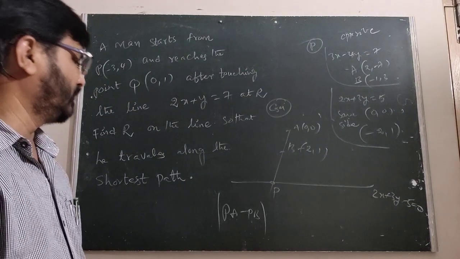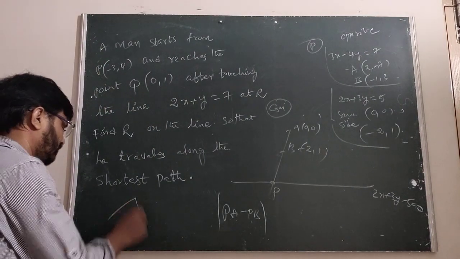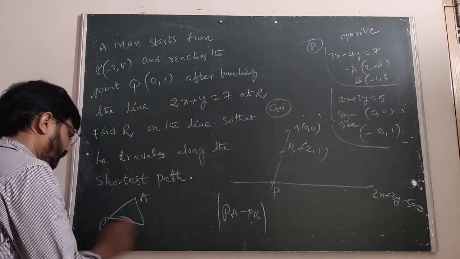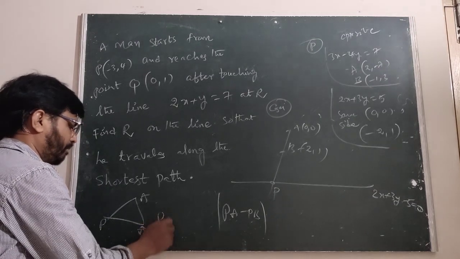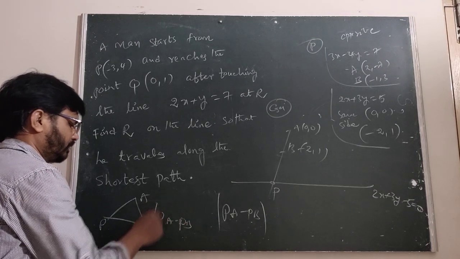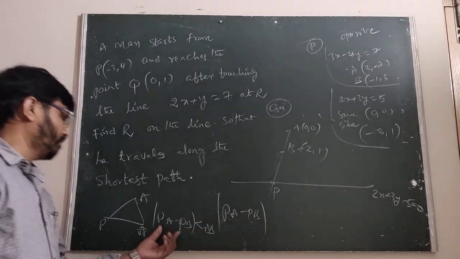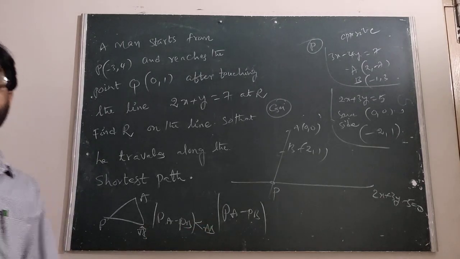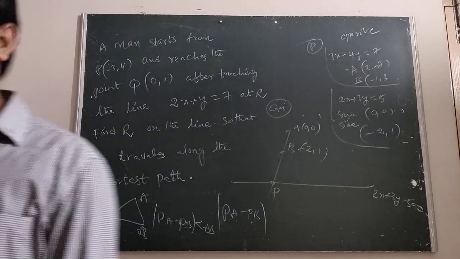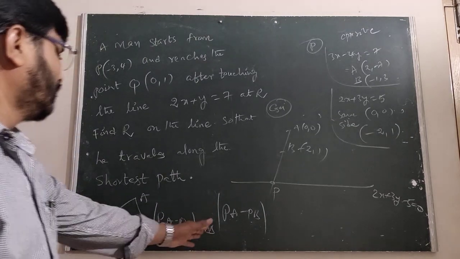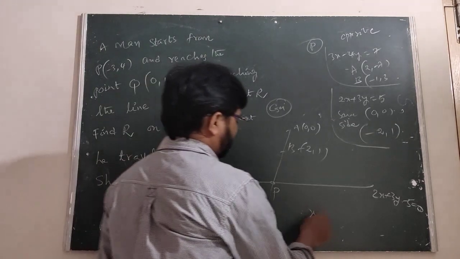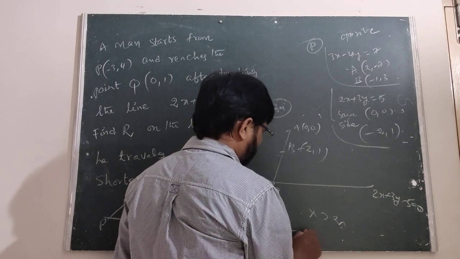In a triangle, we know that taking triangle PAB, the modulus of PA minus PB, the difference of the two sides, is less than the third side AB. That means less than, suppose x less than 2, that means from minus infinity to 2.